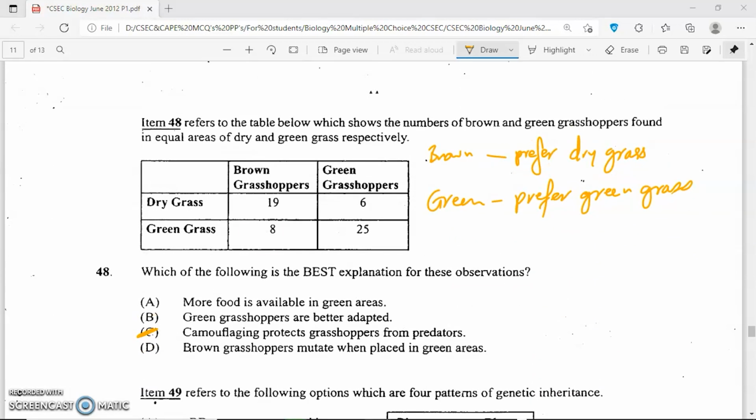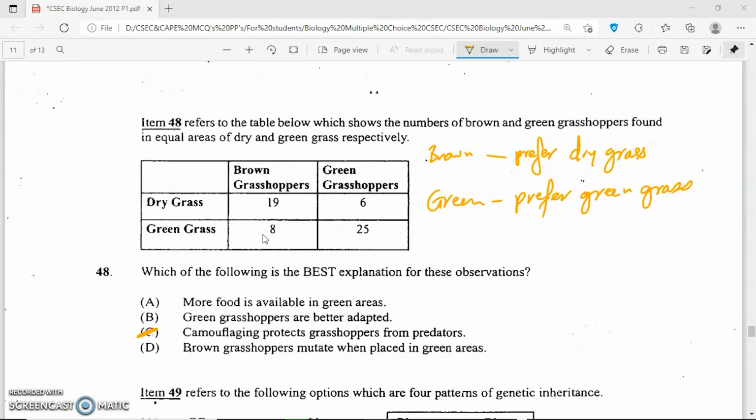Okay, let's look at number 48. Item 48 refers to the following table, which shows the number of brown and green grasshoppers found in equal areas of dry and green grass respectively. You have 19 brown grasshoppers in dry grass and 8 brown grasshoppers in green grass. On the other hand, you have 6 green grasshoppers in dry grass and 25 green grasshoppers in green grass.